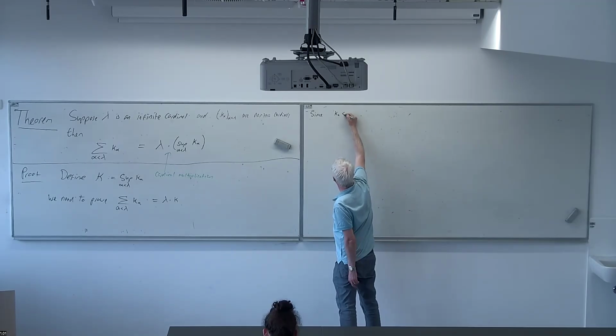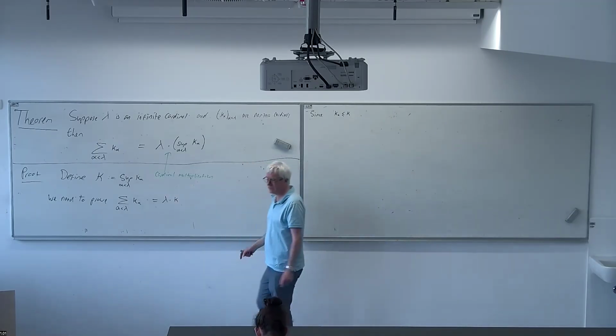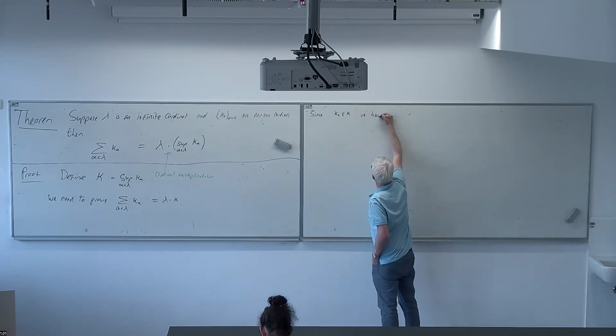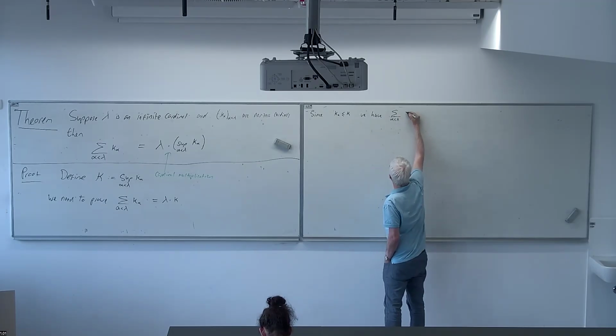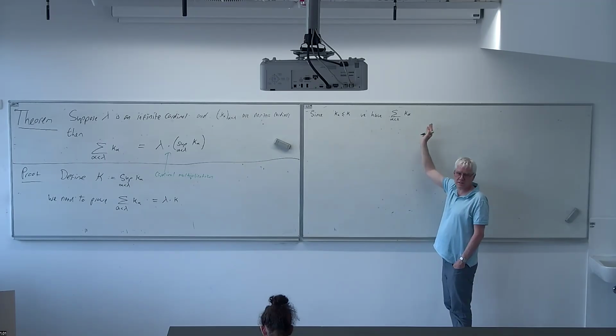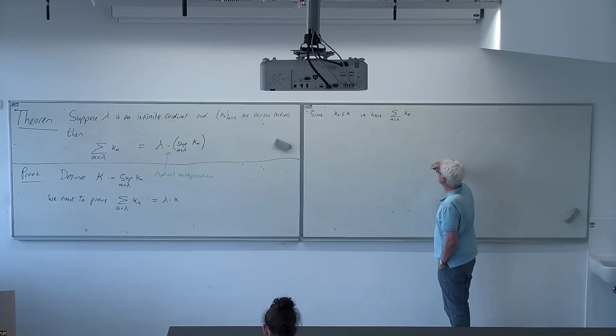But since kappa alpha is less than or equal to kappa, because kappa is the supremum of all the kappa alphas, we have that the sum over the alphas of the kappa alpha is, well, we proved the monotonicity of sum with respect to the cardinal ordering, the ordering of cardinalities, at the start. That was this proof that used the axiom of choice.